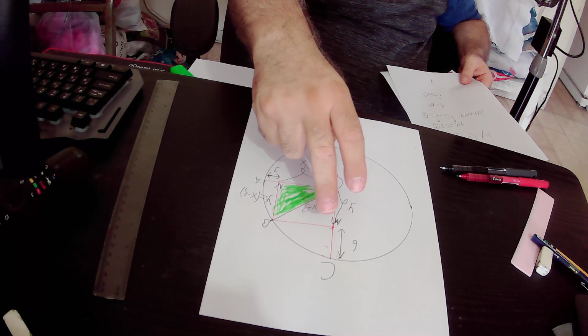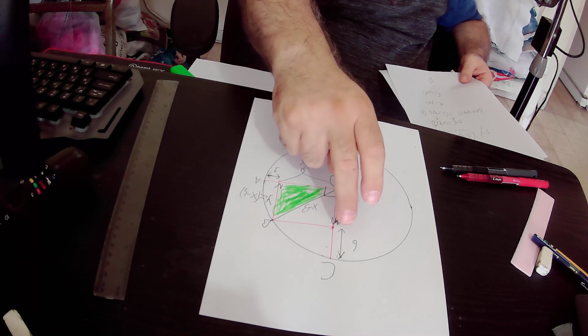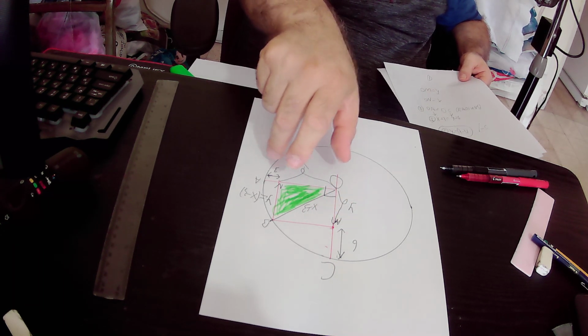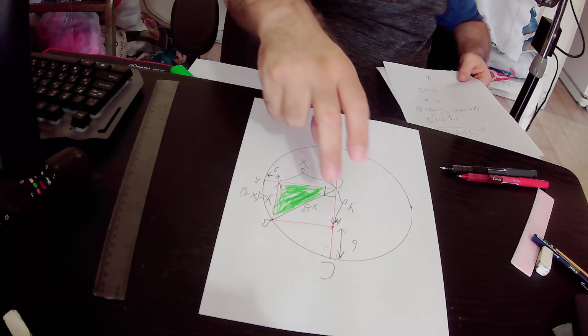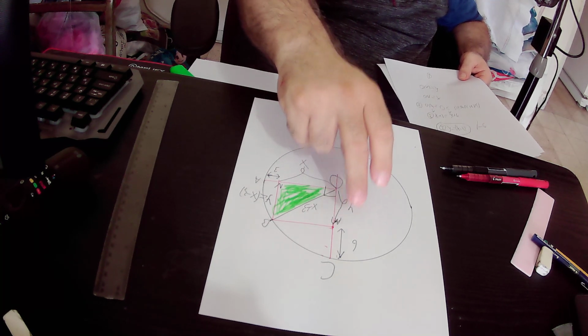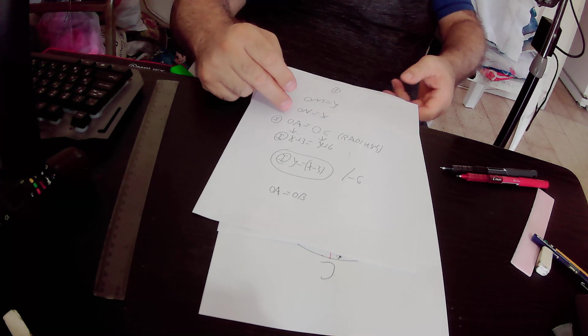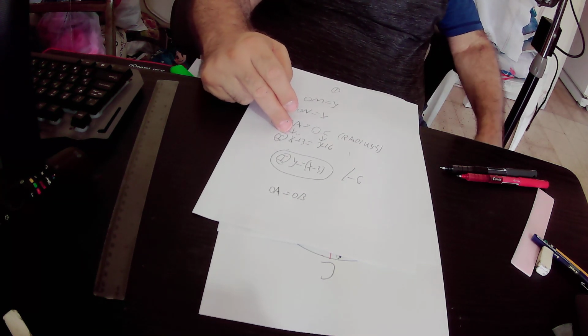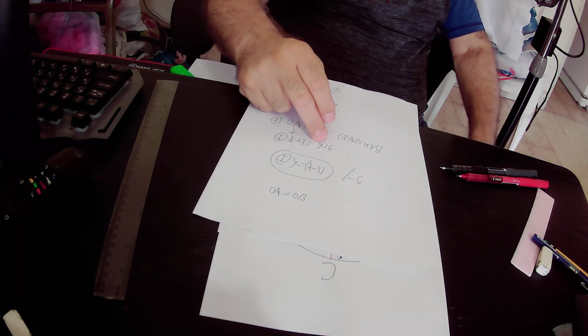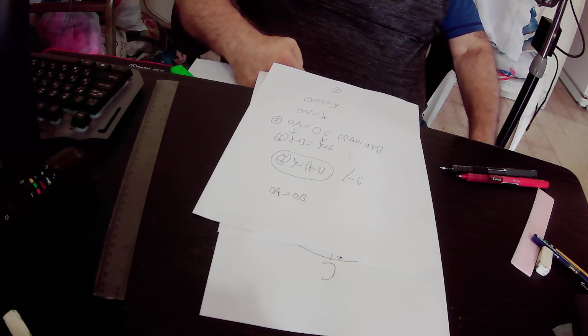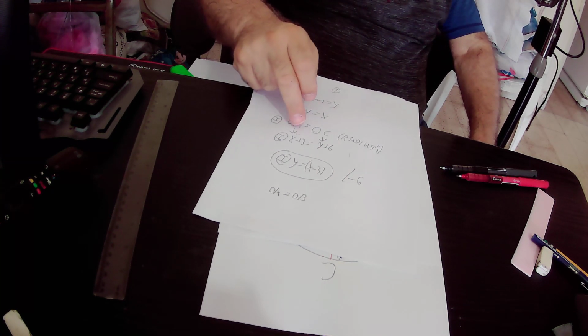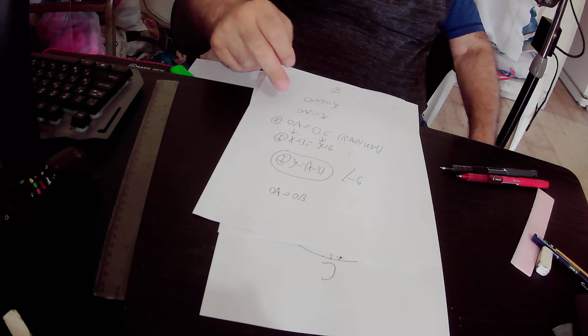But OA equals x plus 3, and OC equals y plus 6. So we can substitute OA by x plus 3, and OC by y plus 6. So we got that x plus 3 equals y plus 6.